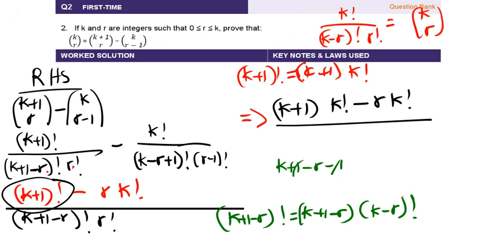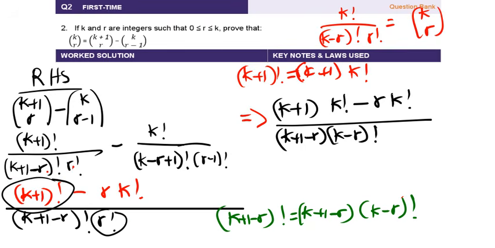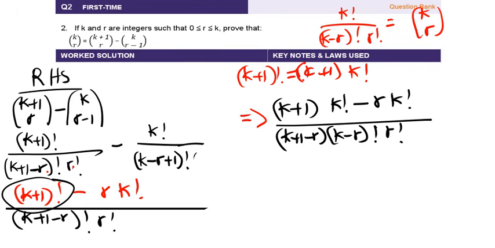The reason why I'm doing this, I want to match with something that is going to be on top. So the down part now becomes k plus 1 minus r, then k minus r factorial, but we also have the r factorial like that. Now we continue.